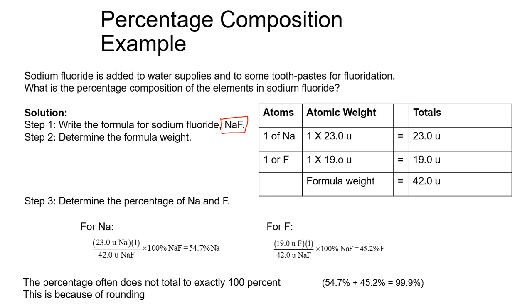Not exactly 19. So because there's rounding in those numbers, then we have a little bit of a rounding error, so it only totals up to 99.9%. All the same, this is a very simple and easy way to get close numbers to determine the percent composition of specific elements in a compound.